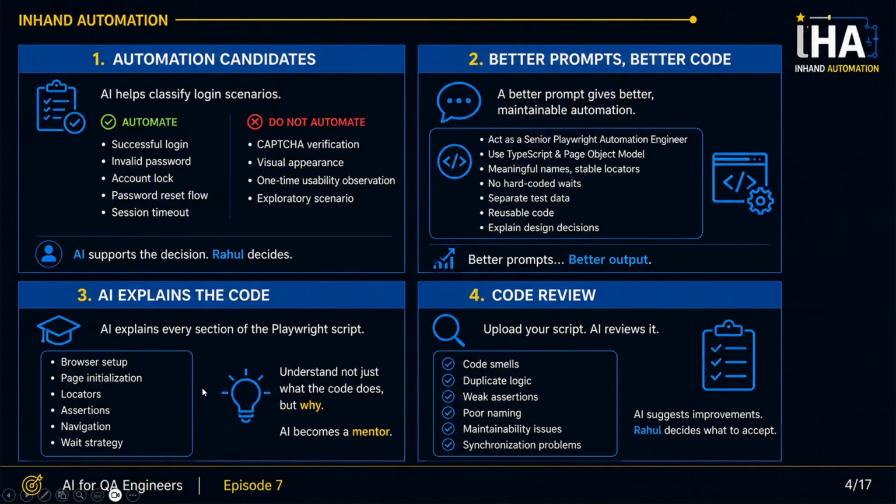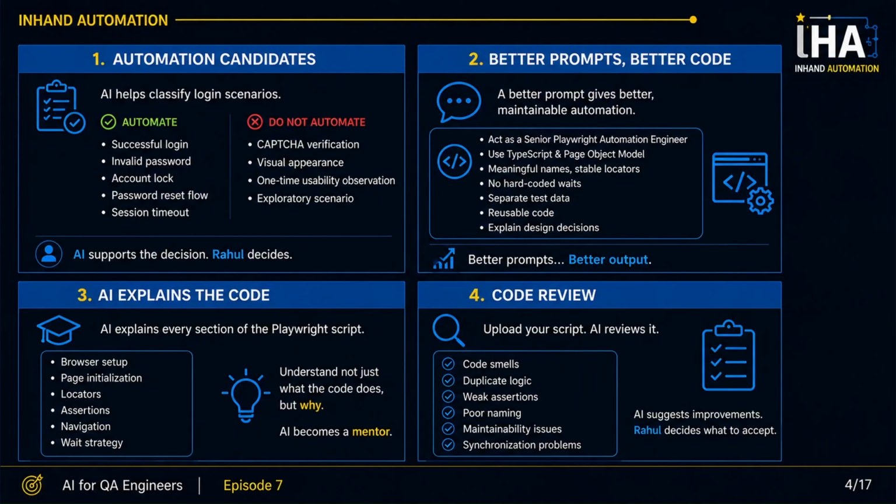So AI explains the browser setup, page initialization, locators, assertions, navigation, and wait strategy. Rahul understands not only what the code does, but also why it was written. Now AI is becoming a mentor, not just a code generator, so we will have a good understanding of the test automation script.